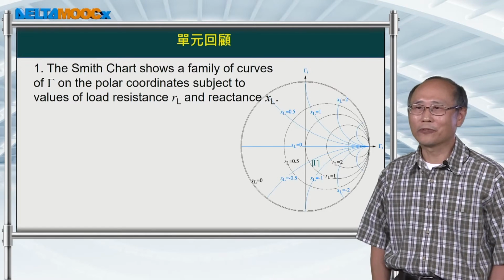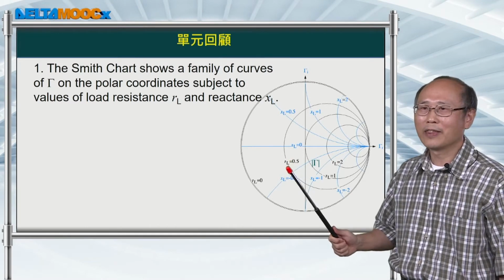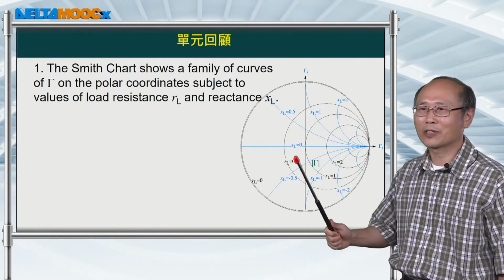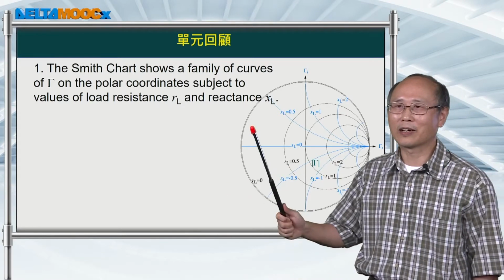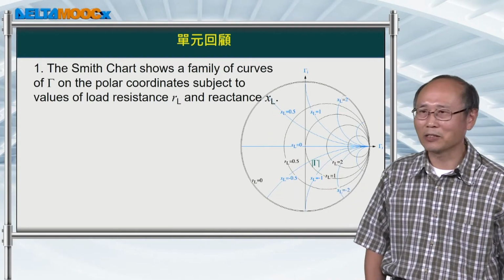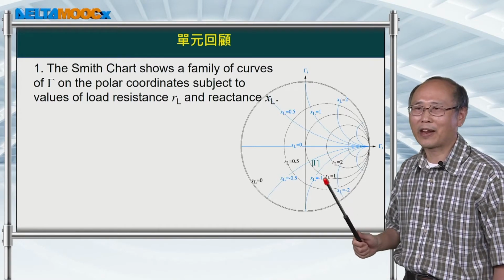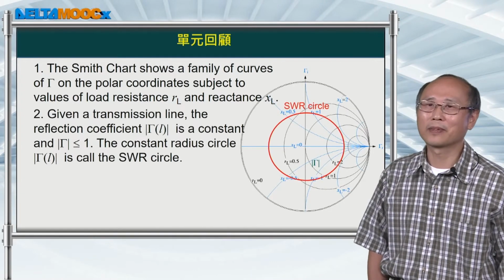For example, if you have a value for RL, then you can plot the gamma value on those black circles. If you give a value for XL, then you can plot those gamma values on the blue circles.